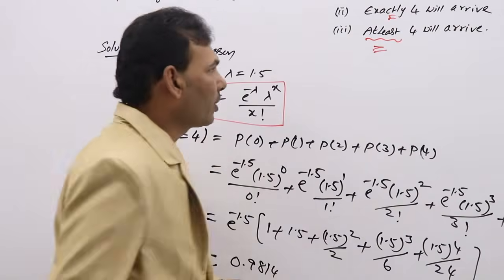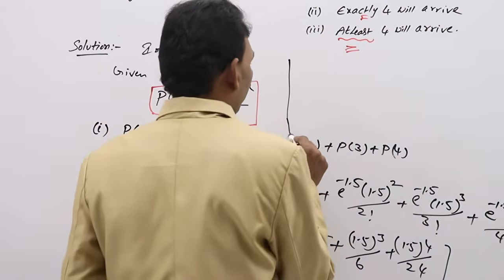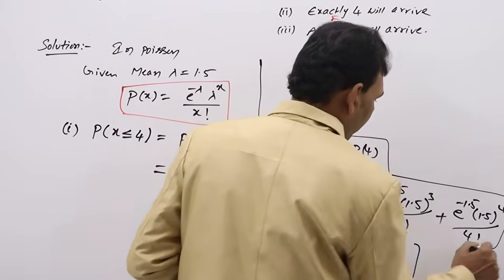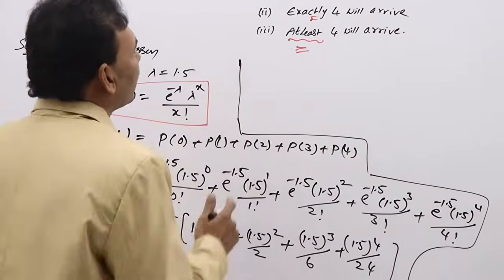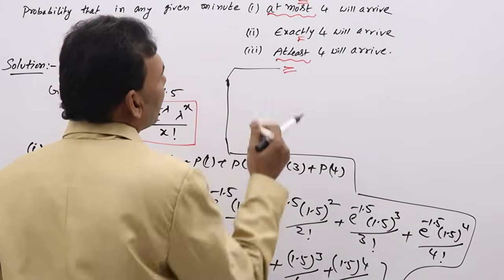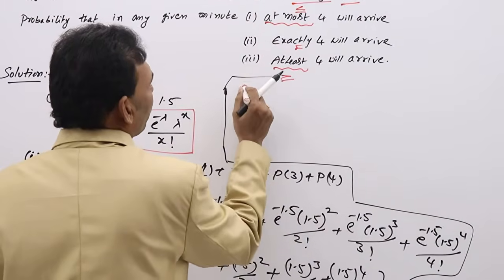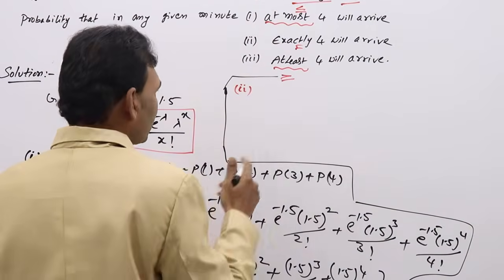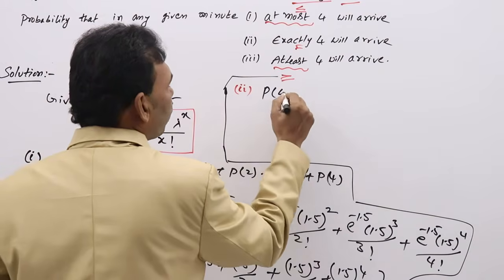Okay, so now coming to the next one, that is the second bit: exactly 4. Exactly 4 means P of 4.